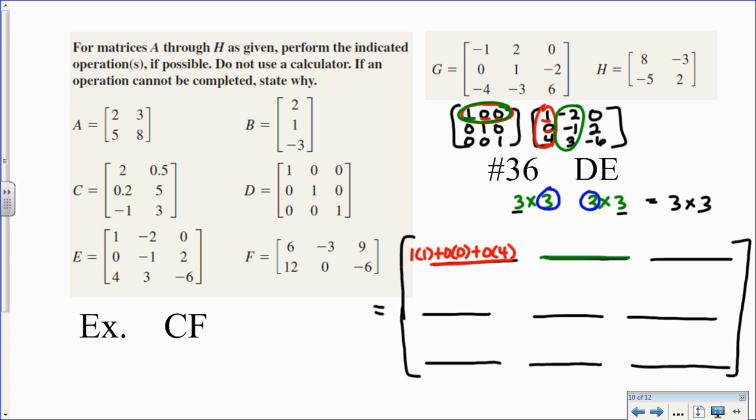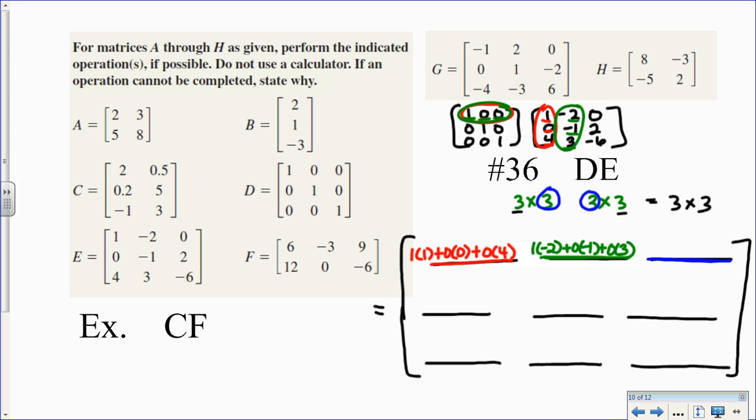So 1 times negative 2 plus 0 times negative 1 plus 0 times 3. Okay.